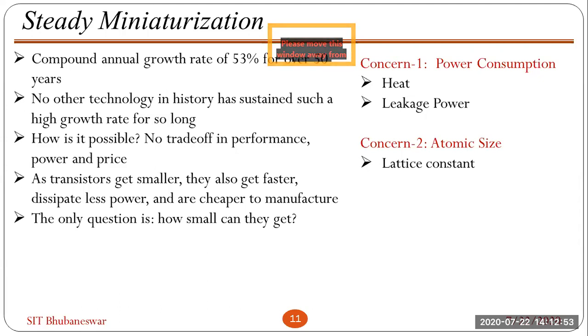But due to the device size being very small, even without giving any gate voltage, currents are still flowing, because the drain to source separation is very small, due to the horizontal field from drain to source.